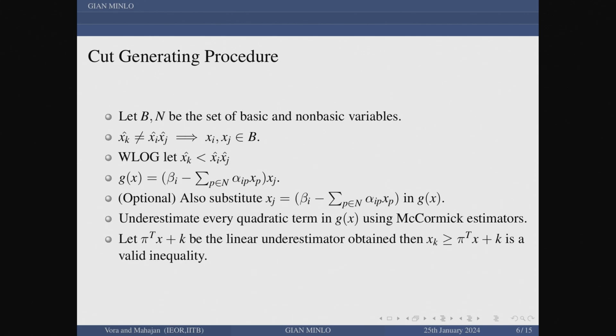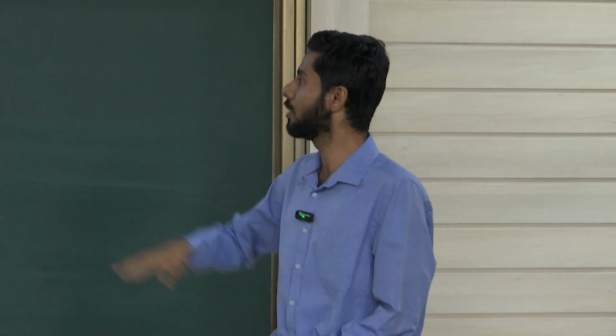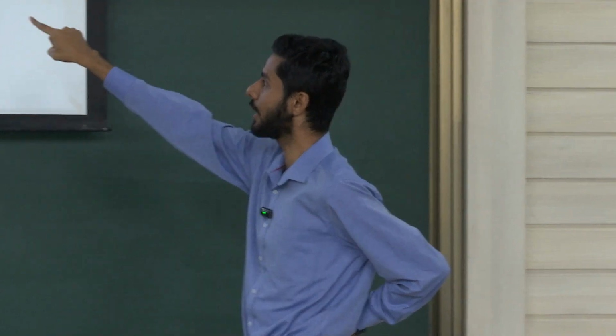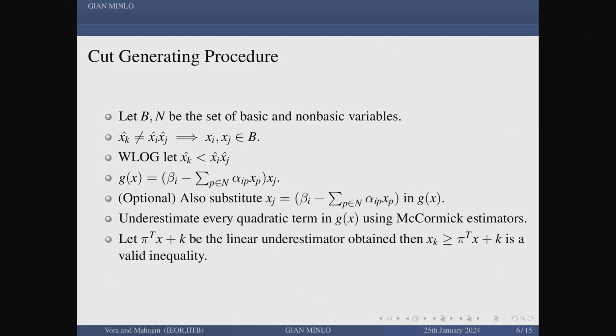Now you underestimate every quadratic term. You underestimate these xp xj terms using the McCormick estimators I just showed in the earlier slide. Since one of the variables is at its bound, you will always be able to find one estimator, either underestimator or overestimator.